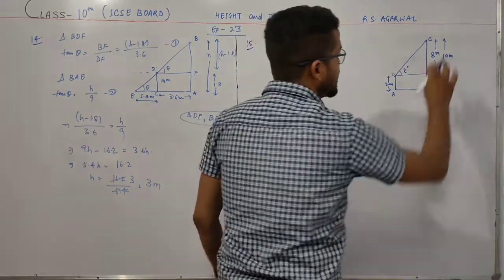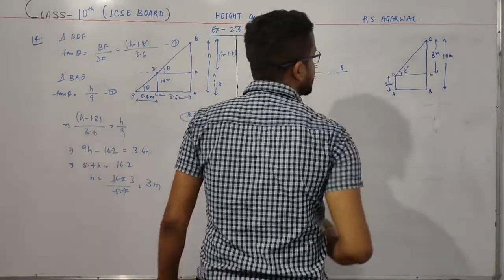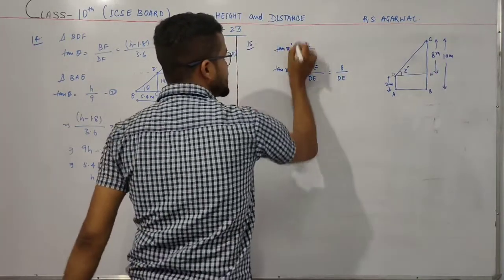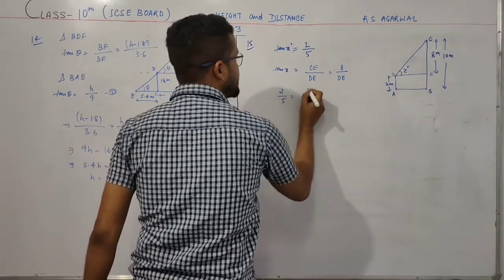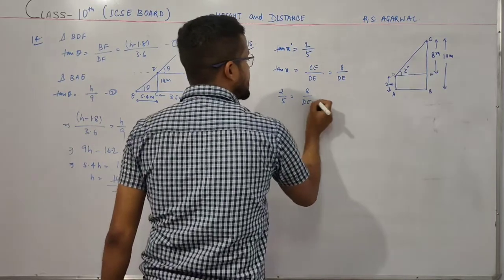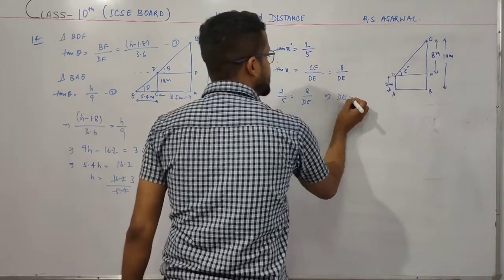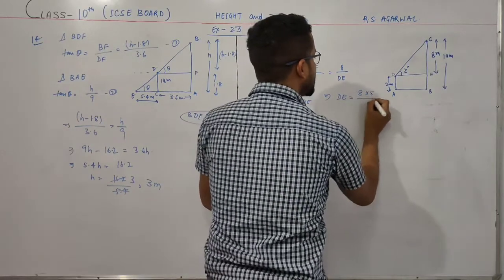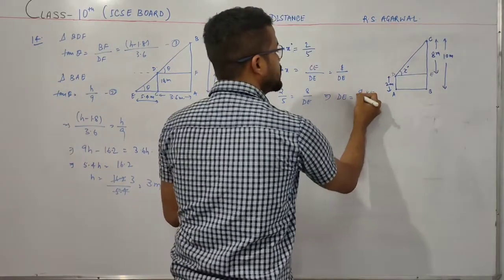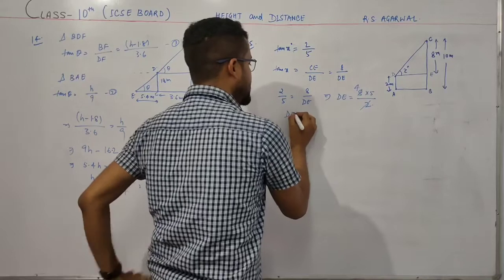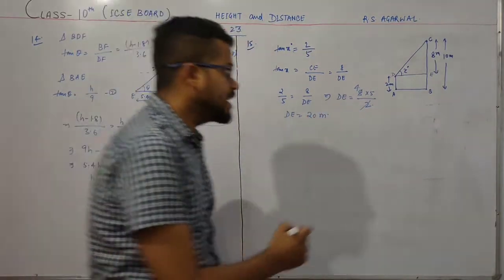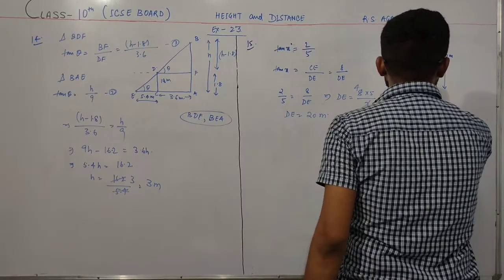So CE is 8 and DE, we don't know the value of DE. Tan x is given in the question 2 by 5, 8 upon DE. So by multiplication, DE is equal to 8 into 5 upon 2. So 2 fours are 8. DE is equal to 5 fours are 20 meter. Okay, this is 20 meter.